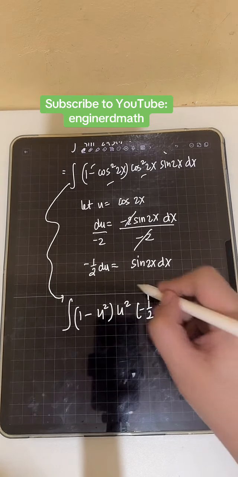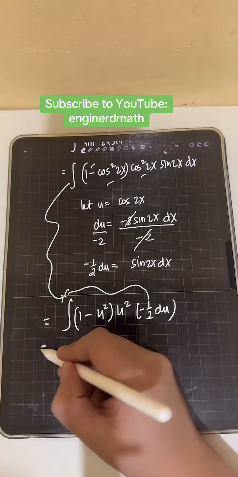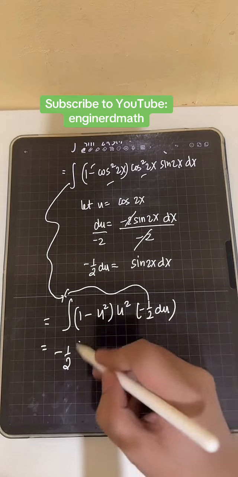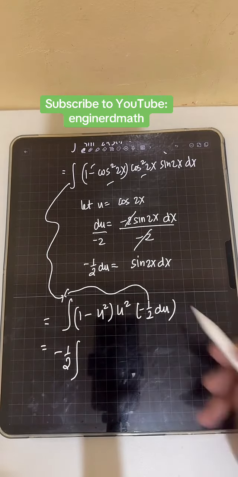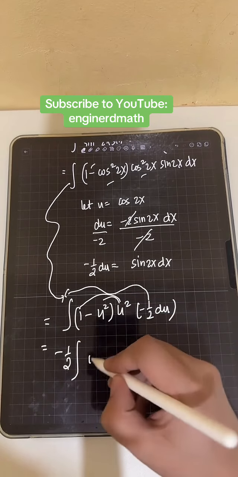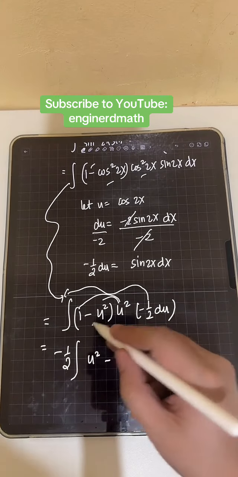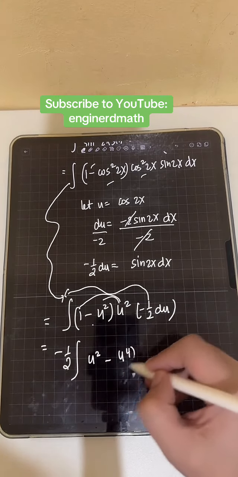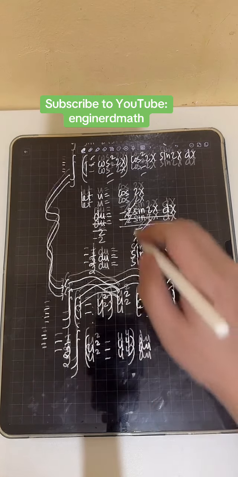So we can put this negative 1 half constant in front of the integral. We'll have negative 1 half integral of, we can distribute the u squared, multiply 1 times u squared, then minus u squared times u squared, u to the 4th, du.